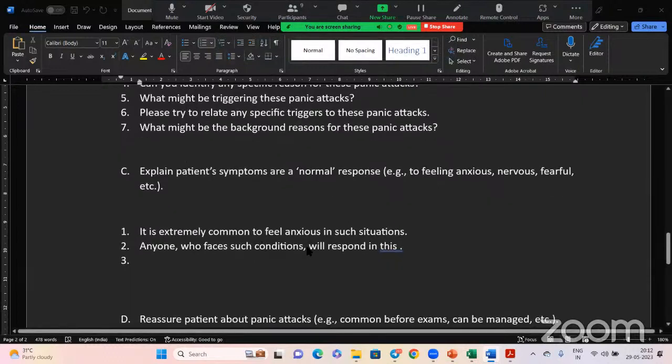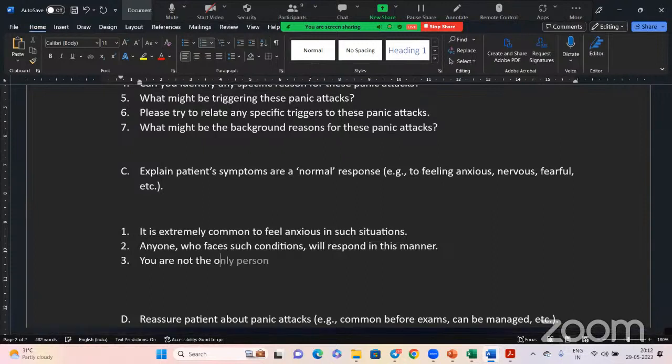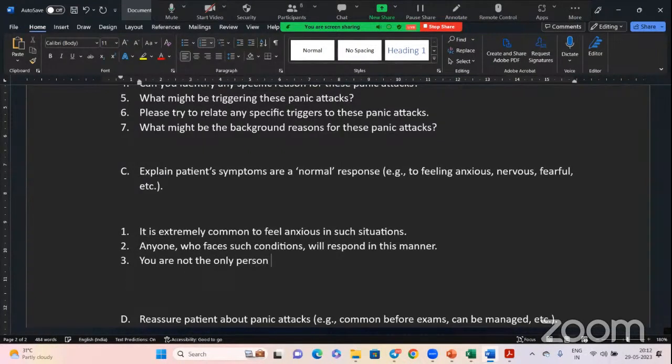So it is extremely common to feel anxious in such situations. We'll respond in this manner. You are not the only person experiencing these feelings.